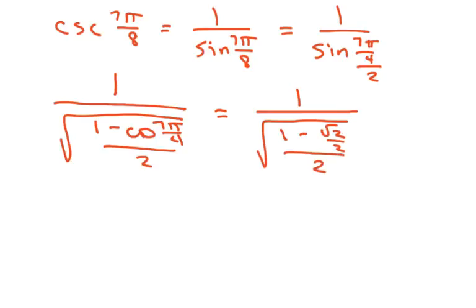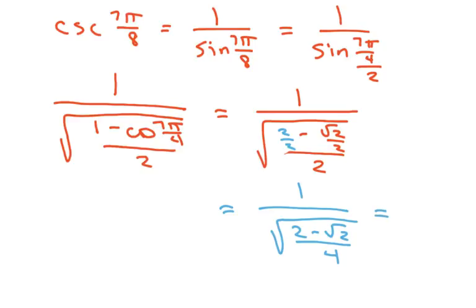I go ahead and change this to 2 over 2. And we've done a lot of these, so we know that this is square root of 2 minus square root of 2 over 4, which equals 1 over square root of 2 minus square root of 2 over 2.